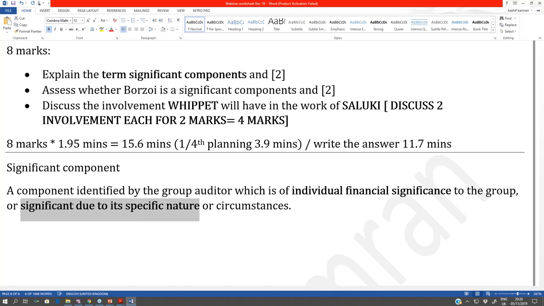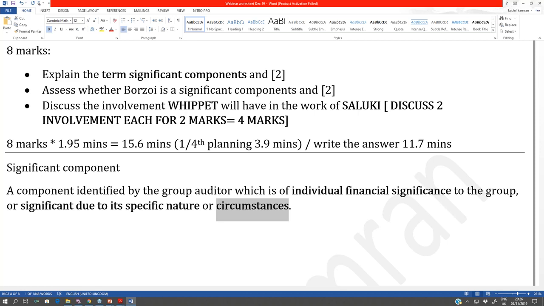How many times have we seen in the AAA paper where the company has acquired a subsidiary for the first time? And if you acquired a subsidiary for the first time, that new component will automatically be important irrespective of the value. So it could be significant financially, it could be significant because of its nature, and it could be significant because of the circumstances.